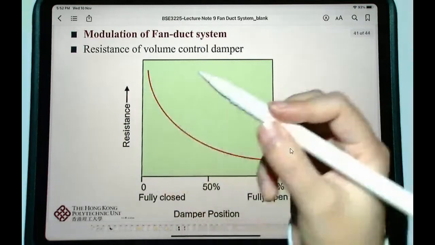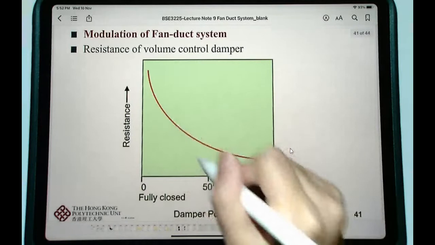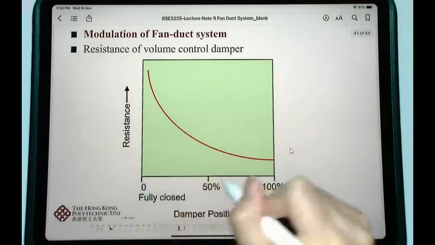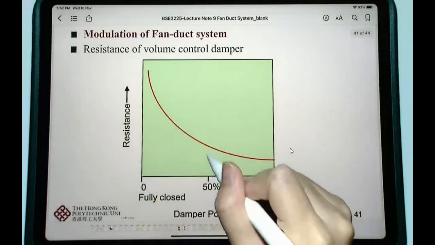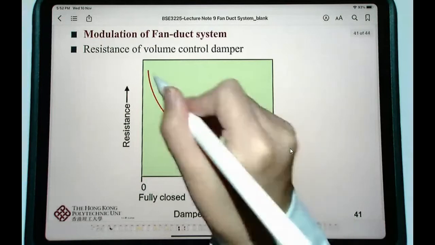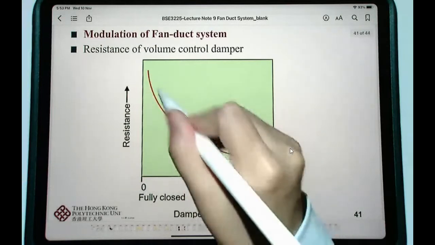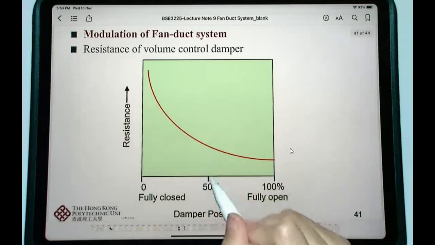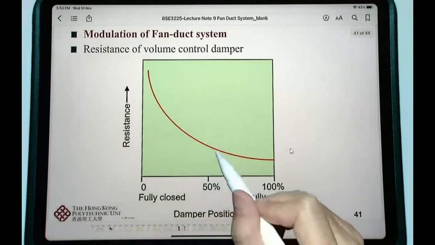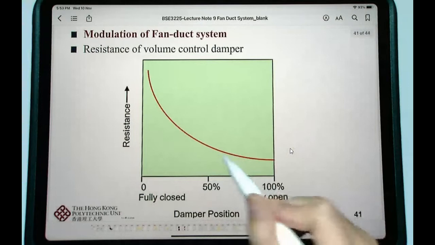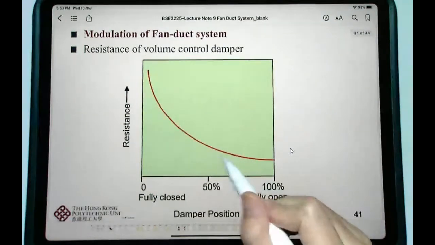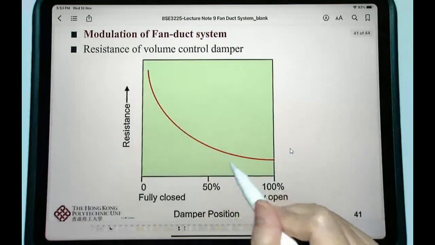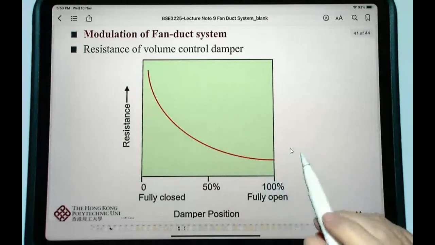That means from fully closed to about 50% open, the resistance will change a lot. Once the damper is already half open, when you further try to open up the damper, the resistance will not change that much.